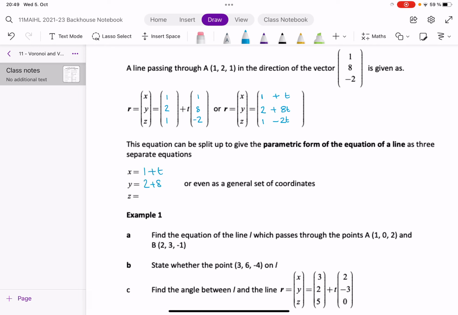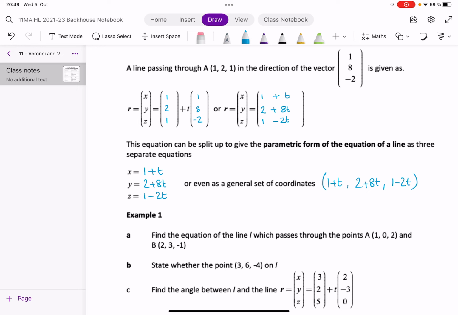So you can see all I'm doing is splitting up that vector and writing it in parametric form. Or indeed, I could write it as a set of coordinates, just the x followed by the y followed by the z. So the x is given by this, the y coordinate is given by that, and then the z is 1 minus 2t. And let's put that in parentheses.